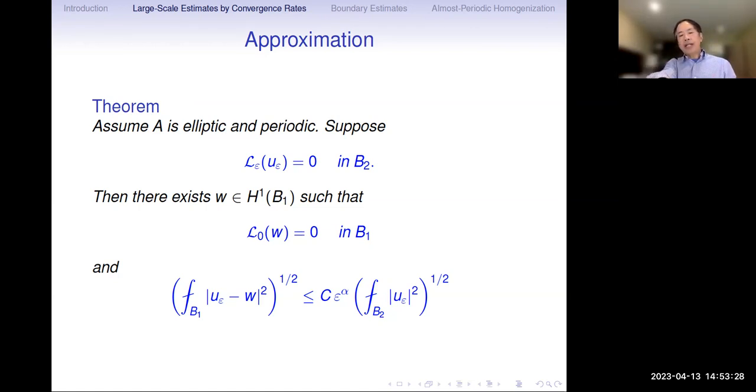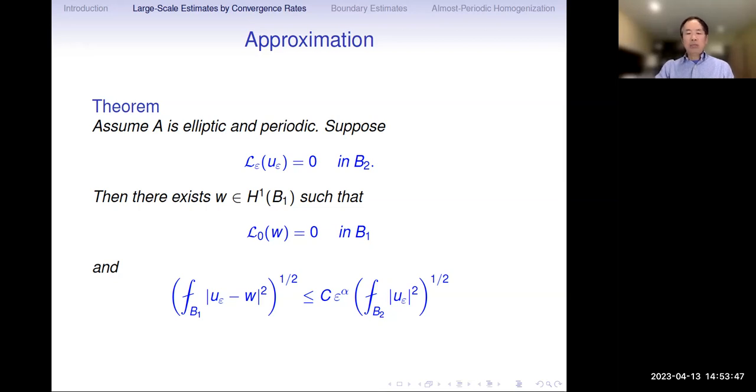So the idea is that we don't have a boundary condition on the boundary of B2, but our approximation is only good in B1. So we don't really need any boundary condition on the ball of B2.